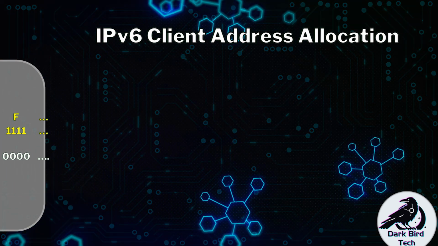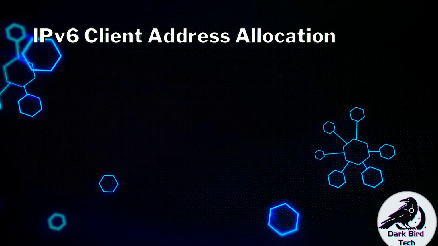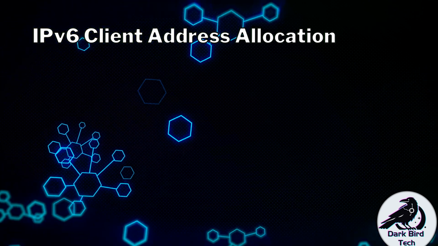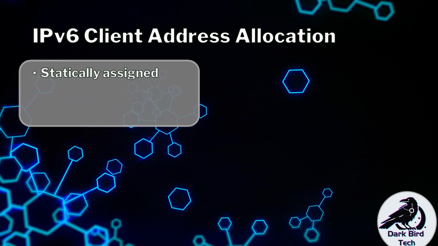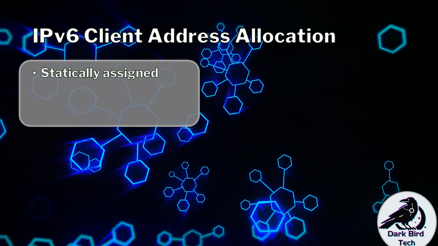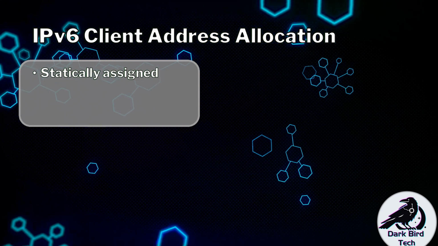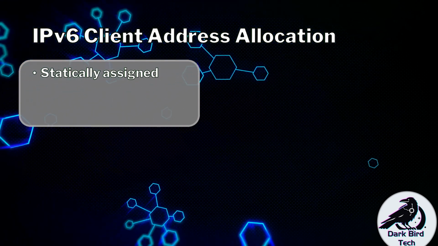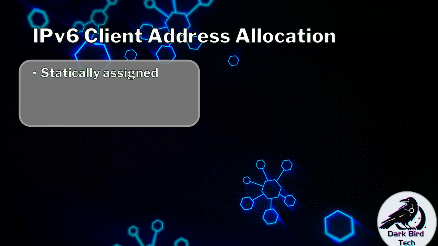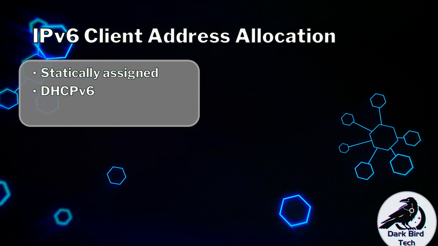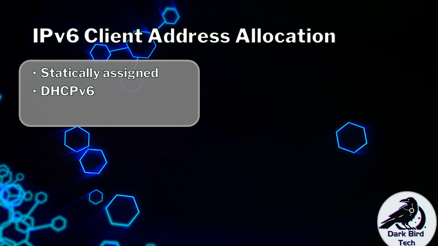Now, when it comes to moving to IPv6, we are able to allocate addresses to our clients in ways that are somewhat familiar to us. You can go and statically assign the addresses to your clients if you want to. You probably will do static address assignment, at least on network appliances and maybe some servers. And just like IPv4, we can take advantage of the Dynamic Host Configuration Protocol version 6, or DHCPv6.